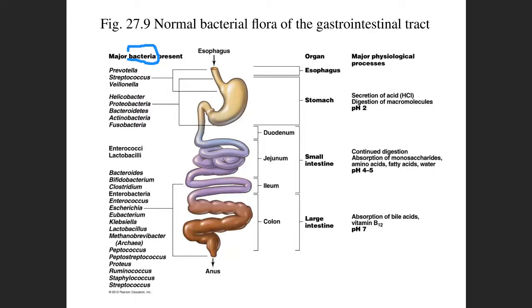You can look for E. coli is here. And what's amazing is this part, the small intestinal tract. It's very, very long, but it has just really these two, Enterococcus and Lactobacillus.